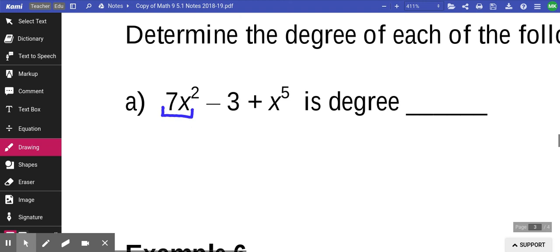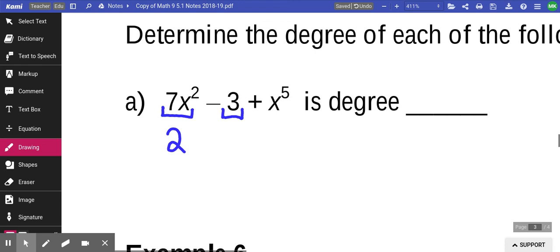That one is degree 2. Right? The highest exponent in that term was 2. If I have a different exponent that was higher, it would be that one. Then we would add them. Yeah.